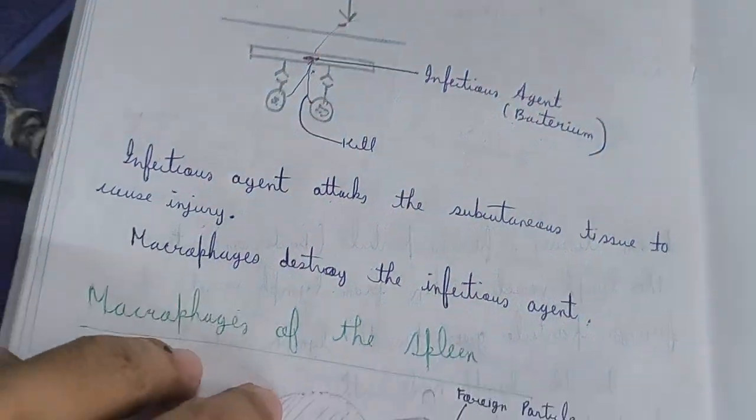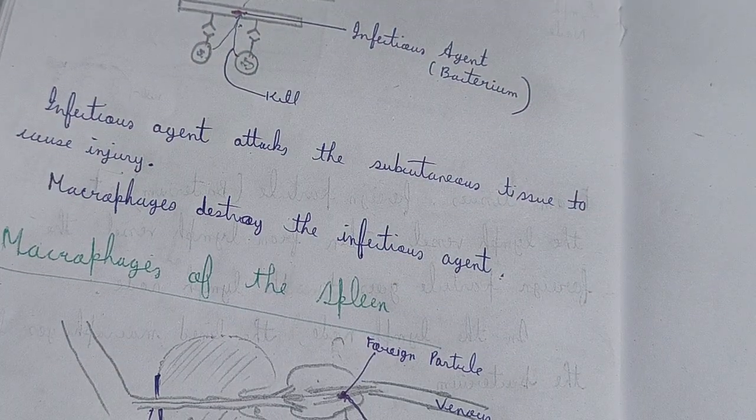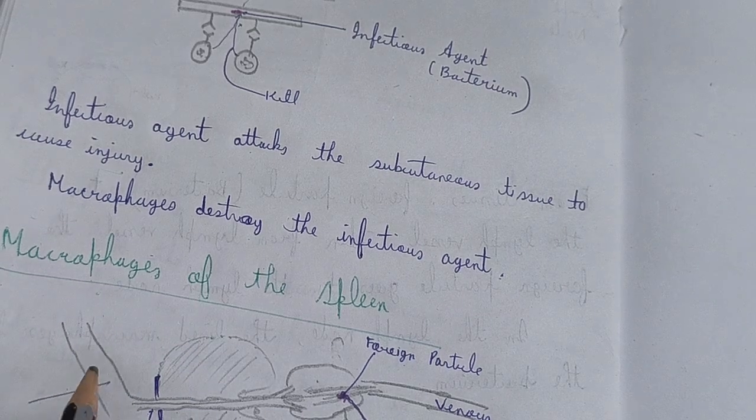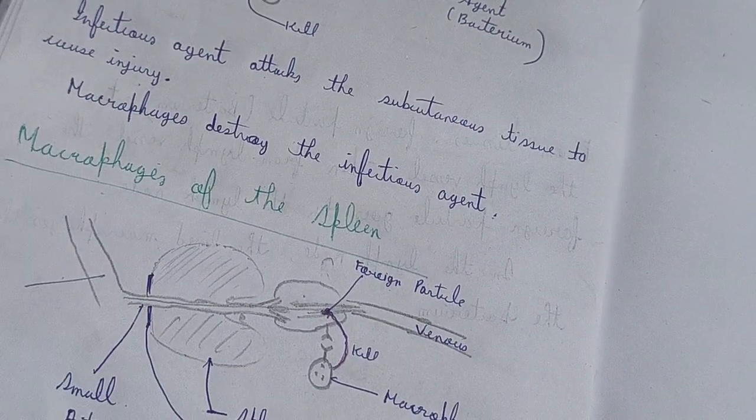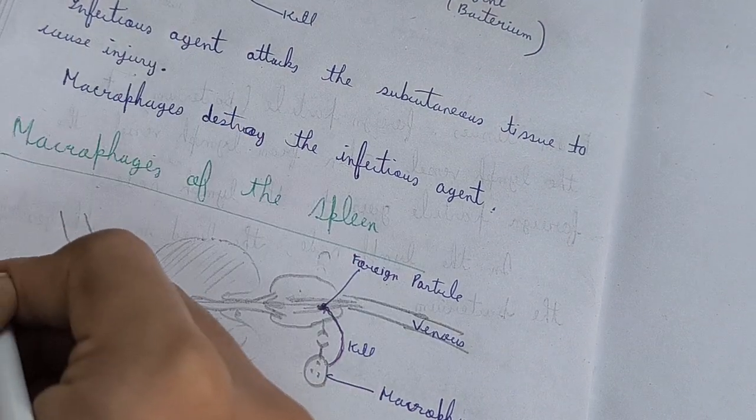Simple. So friends, now I am going to discuss the macrophages of the spleen. You can see here that this is a large artery, and this is a small artery.